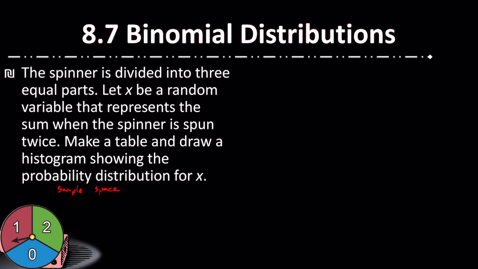On our first spin, we could get a 0, a 1, or a 2. On the second spin, I could also get a 0, a 1, or a 2. So those are my 9 possibilities.